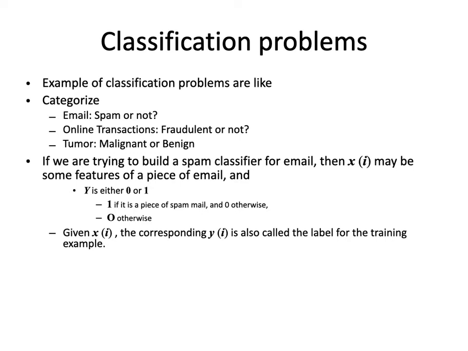0 is also called the negative class and 1 is the positive class, and they are sometimes also denoted by plus and minus, where 0 is denoted by minus and 1 is denoted by plus.